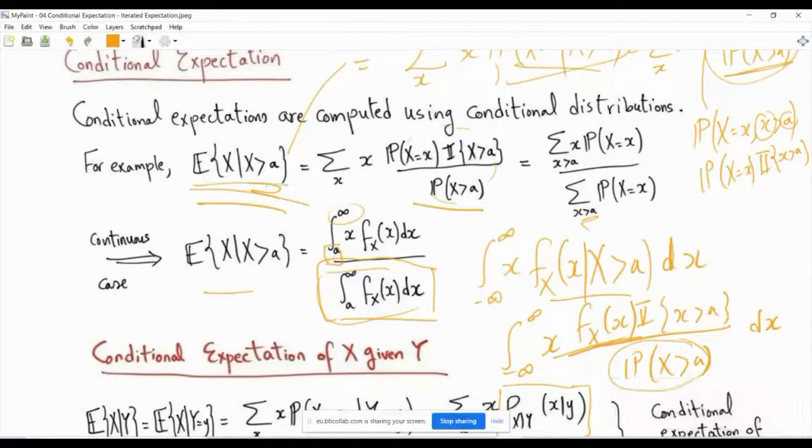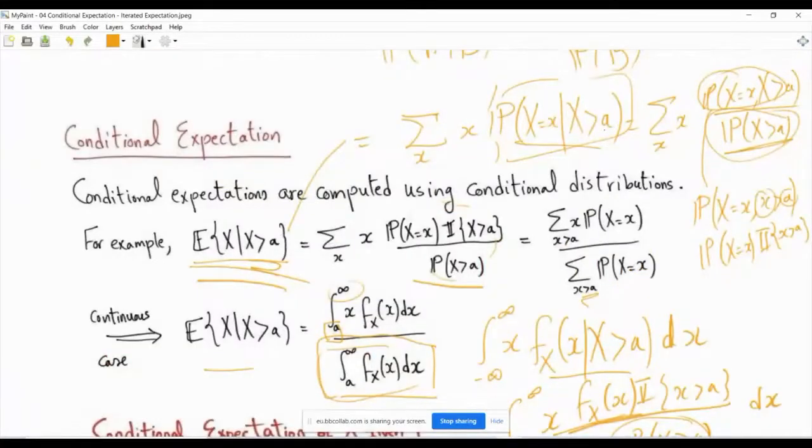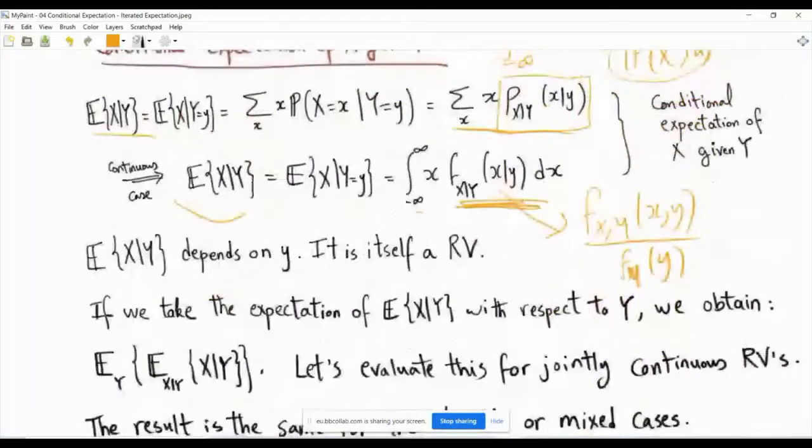The conditional expectation depends on a conditional distribution or a conditional probability, and the conditional probability by definition will get you those things in the denominator. So for the conditional expectation of X given Y, you have the conditional distribution, which may be expressed as the joint, and in the denominator we will have the PDF of Y.